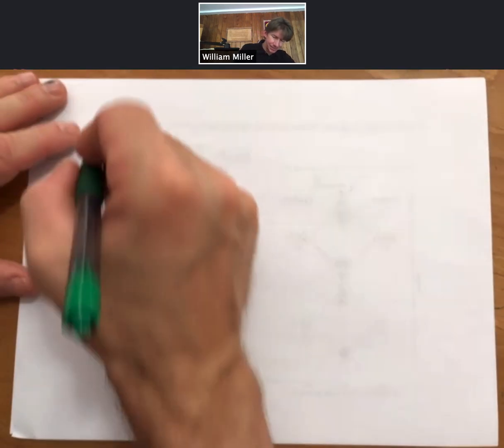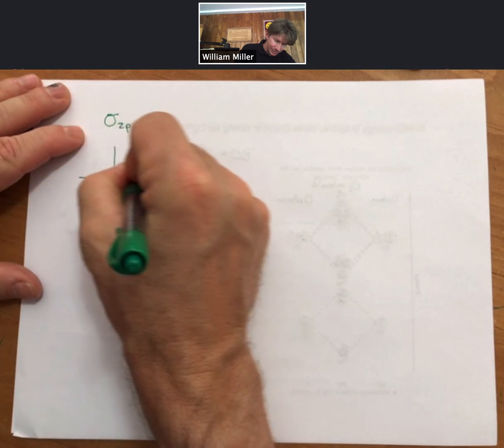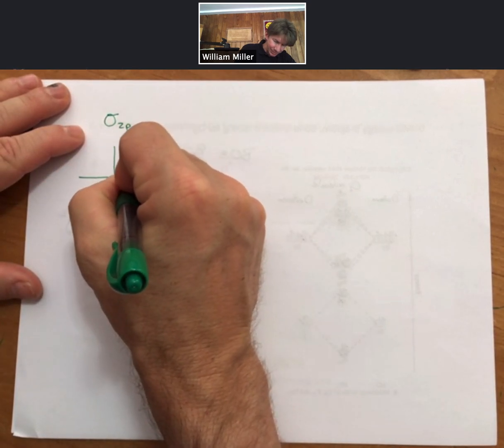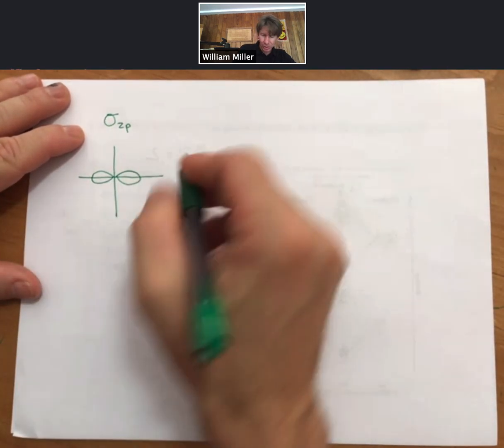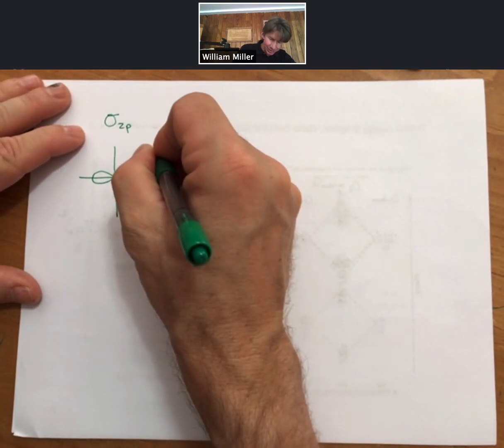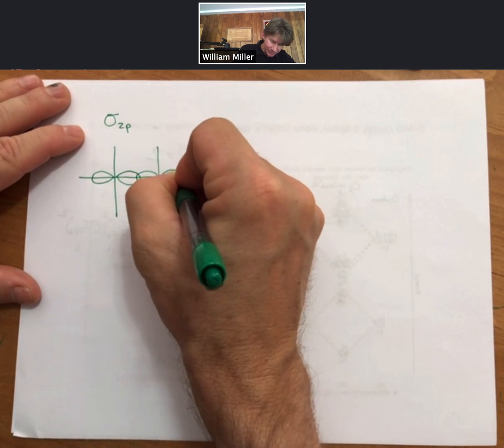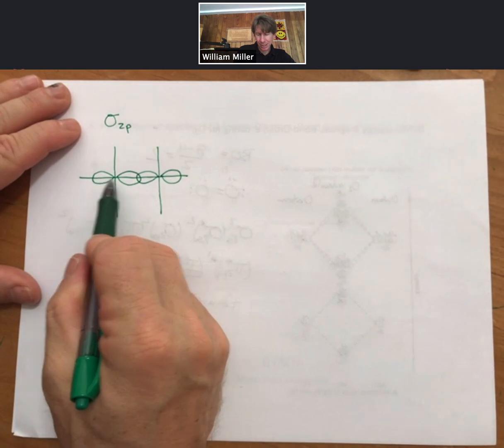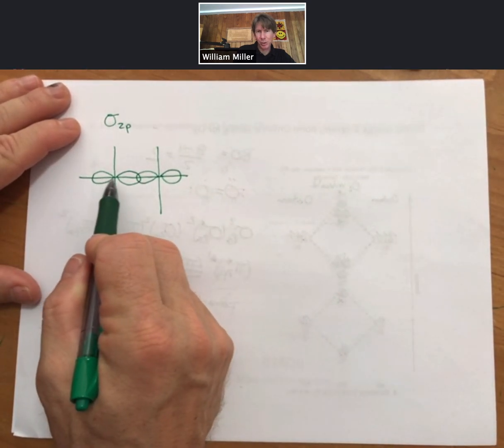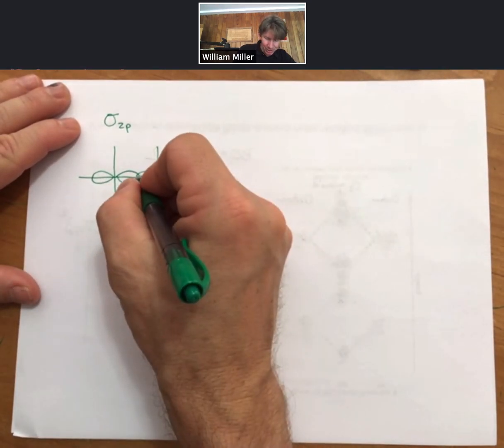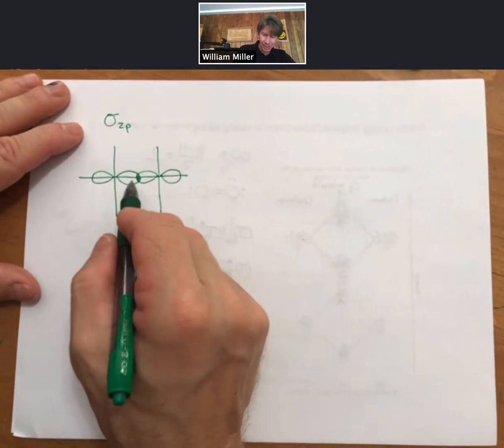Sigma means that when you bring the 2 orbitals together, the electron density will lie between the 2 nuclei. And so here's our area of overlap. And so sigma means we add.